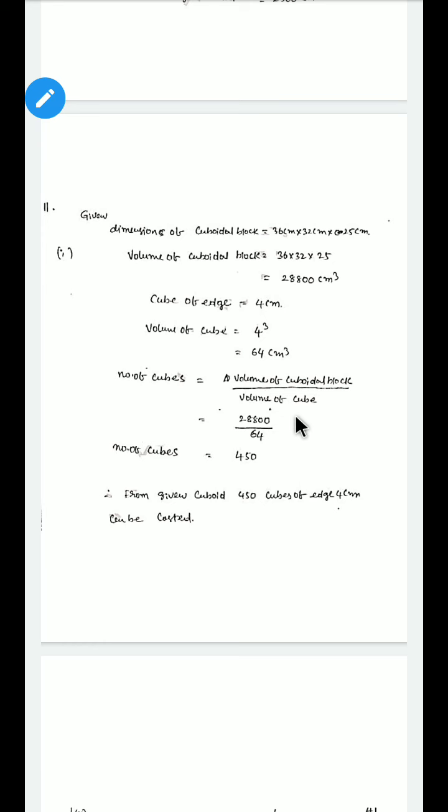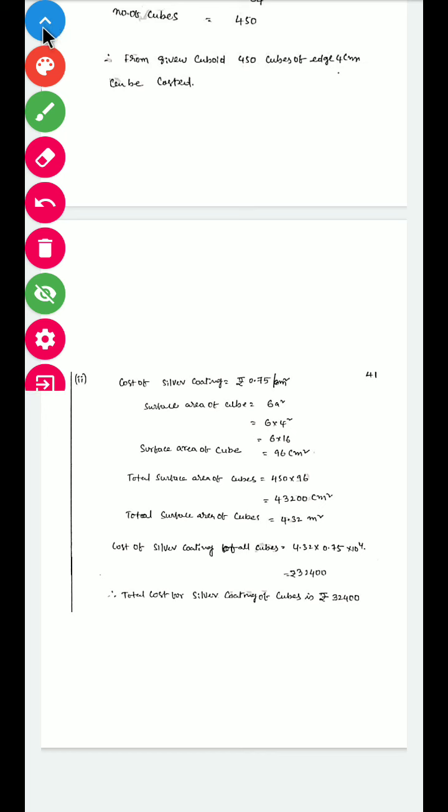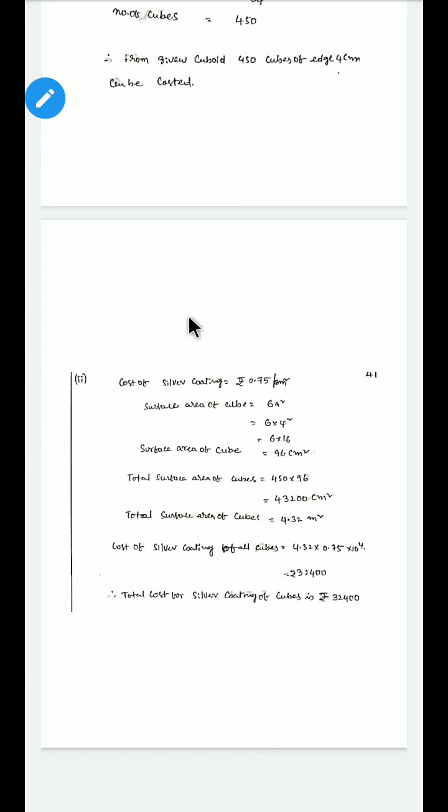Now go to the second question. The second question is: what is the cost of silver coating the surface of the cube at the rate of 0.75 per square centimeter? So what to do here? You have to find the total surface area of the cube. The total surface area of the cube, you know, is 6a², because in a cube there are 6 faces and all the faces are squares.